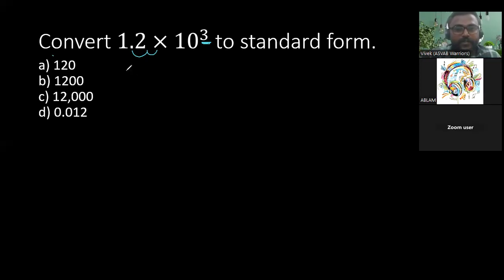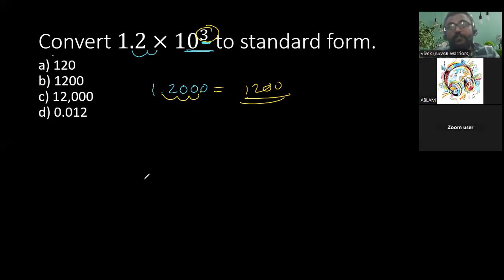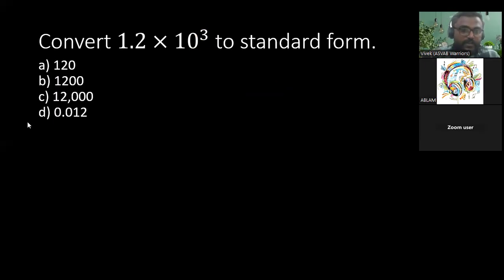Because it is positive over here, I'll just put n number of zeros, and move the decimal ahead. 1, 2, 3. So the answer will become 1200.